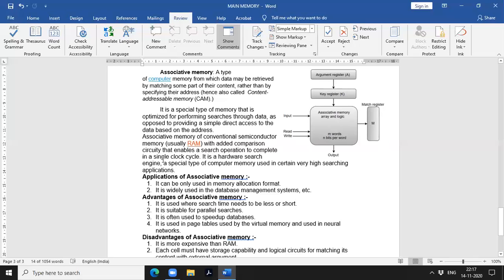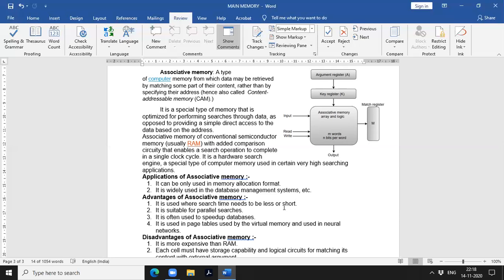So some of the applications of associative memory are: it can be used in memory allocation format, and it is widely used in database management systems. This associative memory mainly helps in searching high volumes of data.